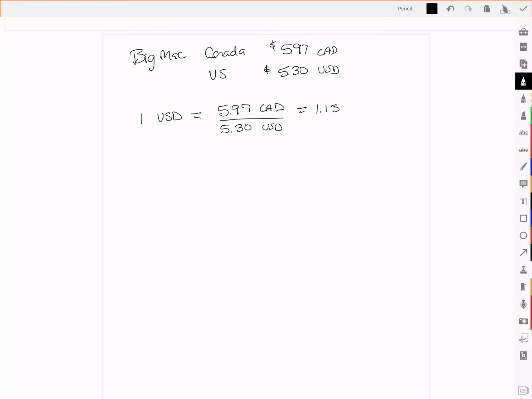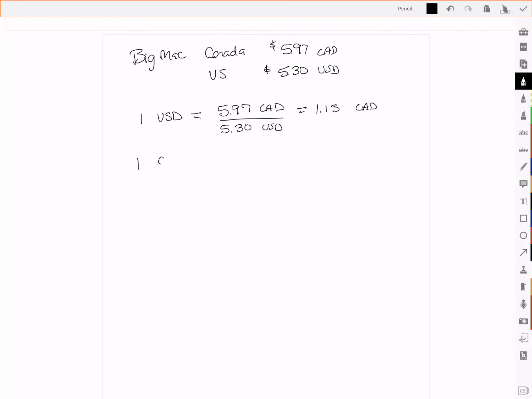So according to the different prices that we're paying for Big Macs, when you trade US dollars into Canadian dollars, $1 US should get you $1.13 Canadian.